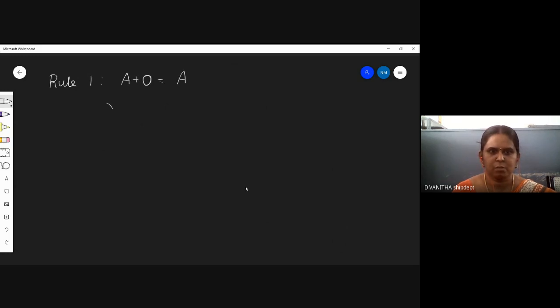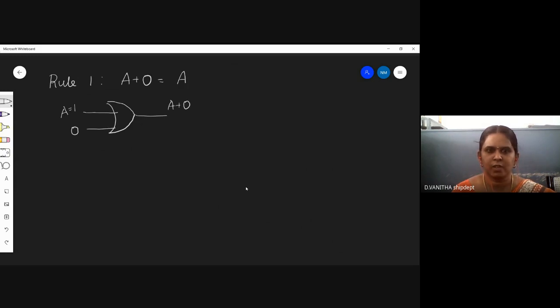So this can be drawn by using the OR gate. So here we can take A and this is 0. The output is a constant and this is 0. So here, if A is equal to 1, 1 plus 0, so the output is A plus 0.